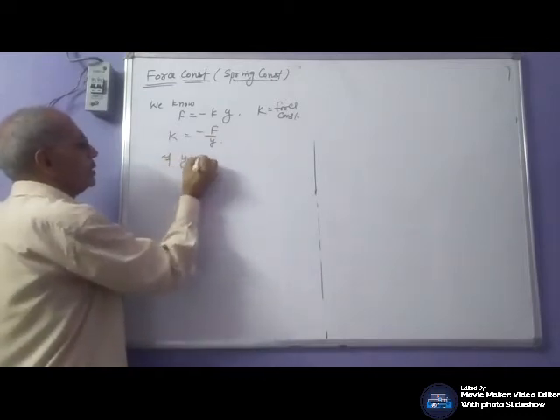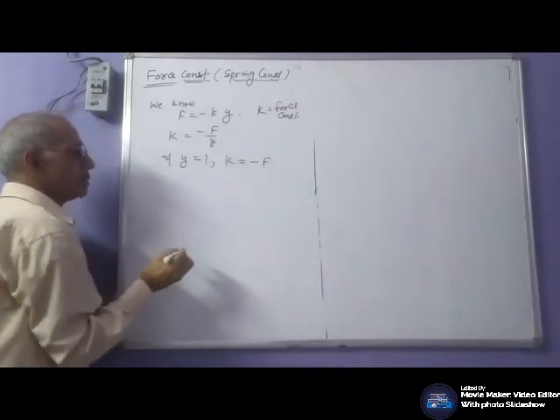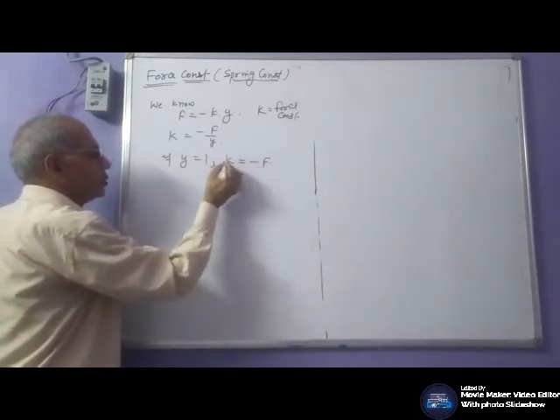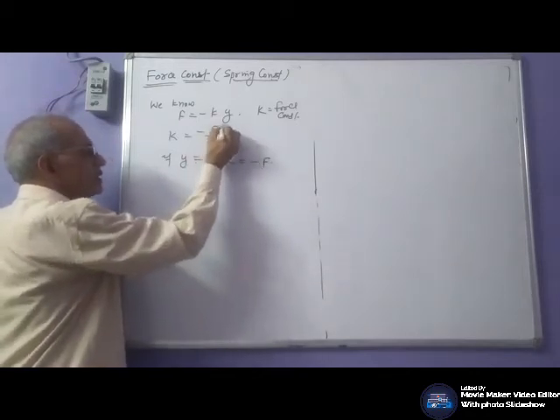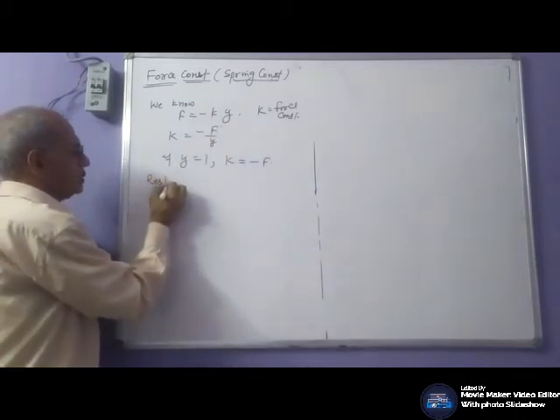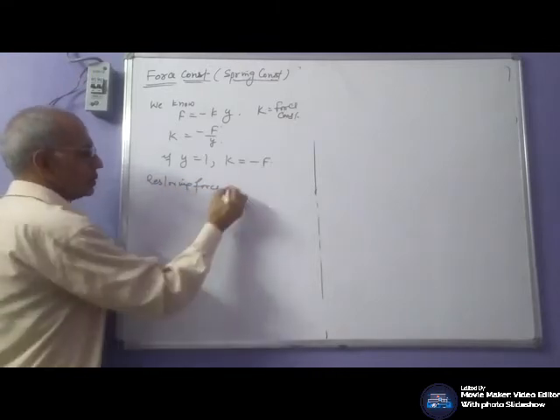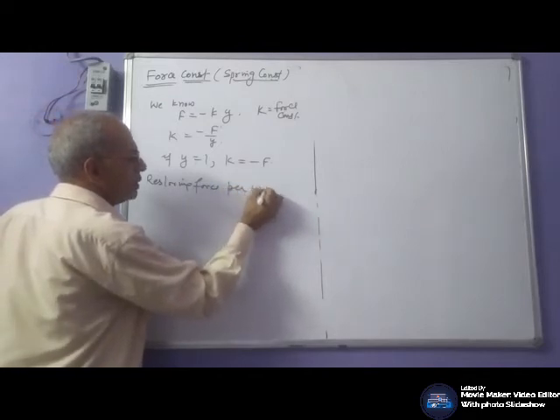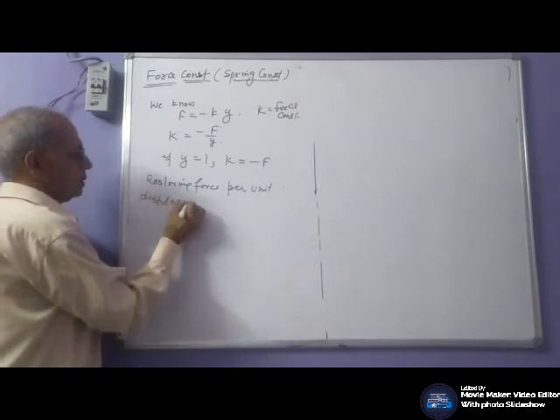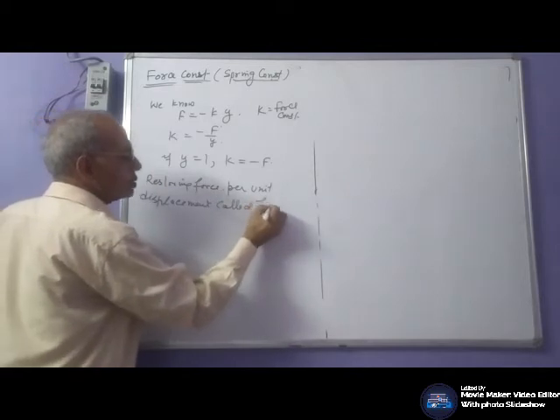If y is 1, k is minus F. Restoring force per unit displacement. This is restoring force, this is 1. Restoring force, retarding force per unit displacement is called force constant.